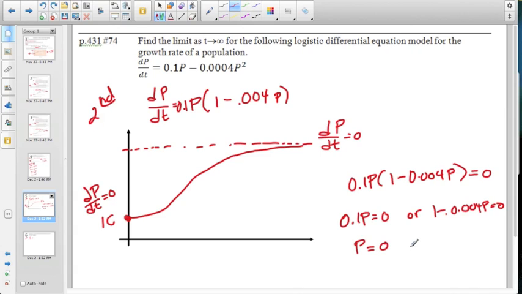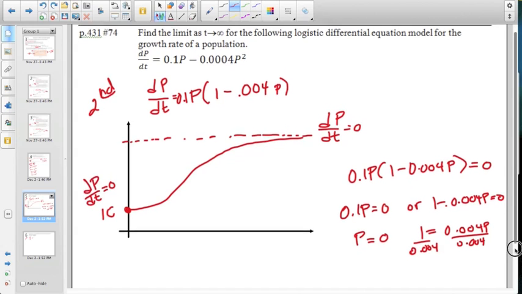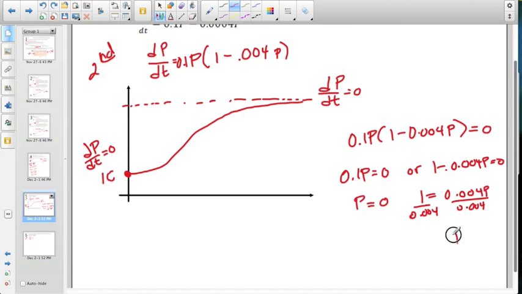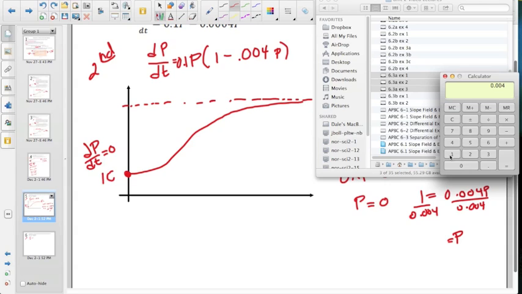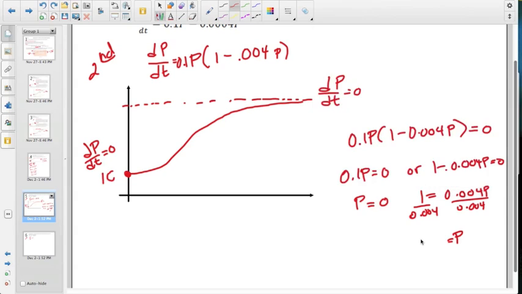And this other one here, as we solve this, we'll take this to the other side. We've got 1 equals 0.004p, divide by 0.004, and so we have a value of p that is this divided by 0.004, and if we take 1 divided by 0.004, we get a value of 250.